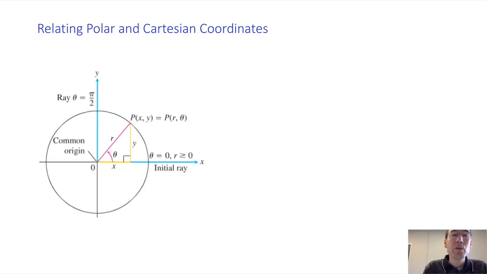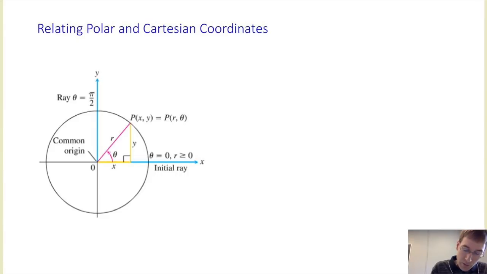To establish the relationship between polar and Cartesian coordinates, we let the polar axis coincide with the positive x-axis and the pole coincide with the origin, as you see in this figure. If r is positive, we can use this right triangle to establish the following relationships.